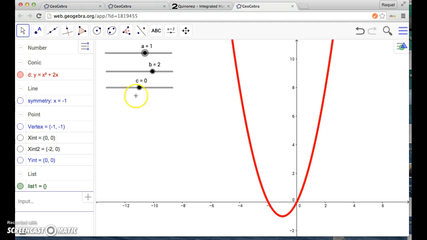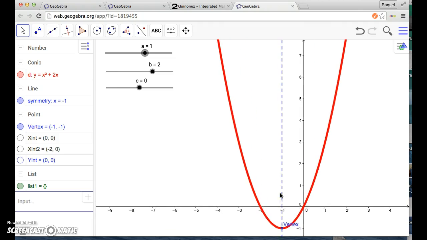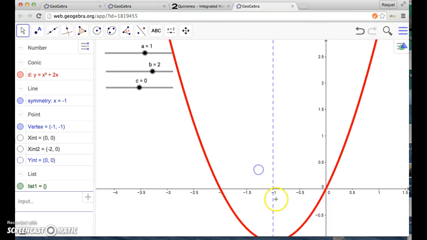The opposite of B would make it -2, divided by double of this, which is 1. Double of that is 2. So negative 2 divided by 2 is negative 1. Let's see if that is true. Right here, x is negative 1. You can see that it's indeed negative 1.